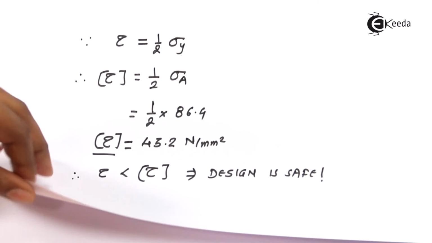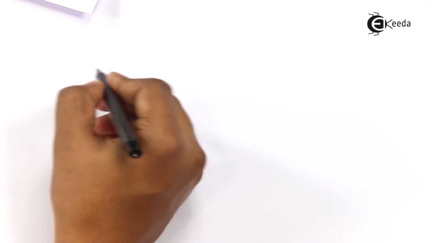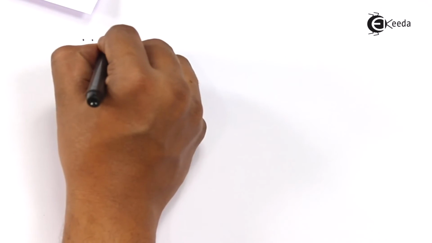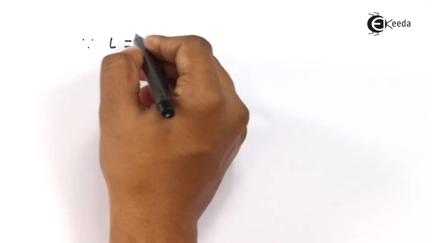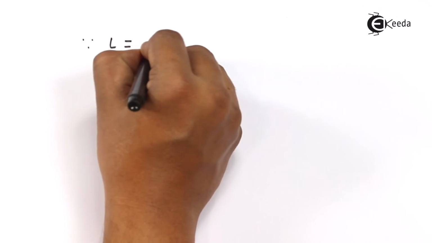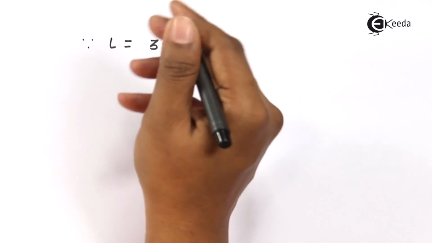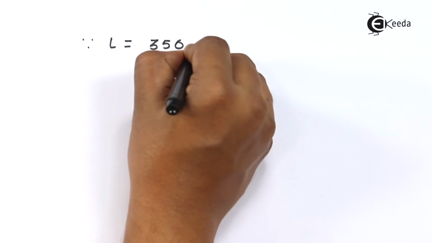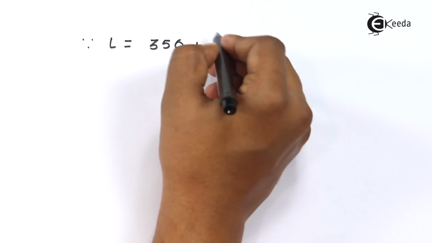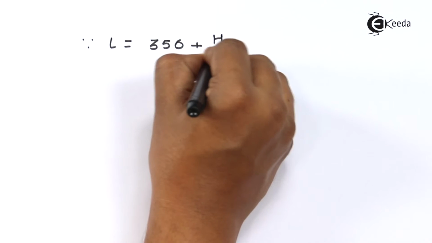So let us move ahead with finding out a few more parameters which are associated with the screw, basically the length of the screw. We know the length of the screw, again you can find this empirical relation in the section on power screws, and it says that L is equal to 350. 350 is basically the given height to which we have to raise the weight, plus h by 2.